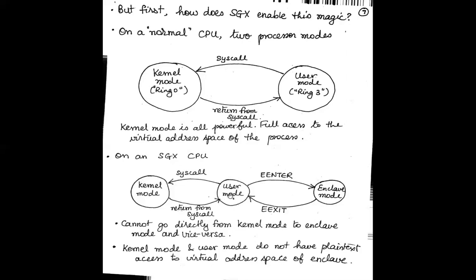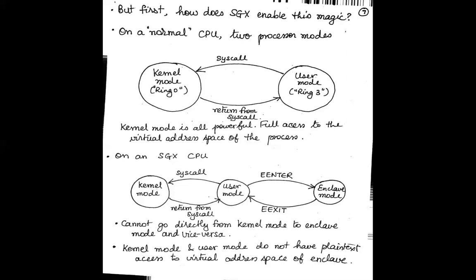These instructions have to be executed from the corresponding modes, otherwise you'll get an error. Importantly, you cannot go directly from the kernel mode to the enclave mode. You have to go via user mode. Likewise, from the enclave mode, you cannot directly go to kernel mode. You have to go to user mode and only then to the kernel mode. In particular, you cannot make a syscall from the enclave mode. You have to go to user mode and the syscall has to happen from there.